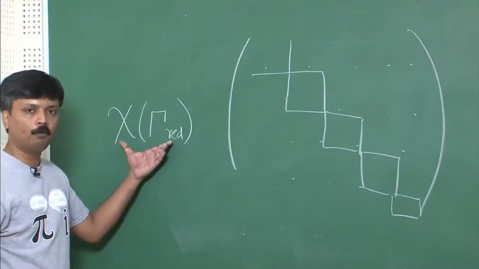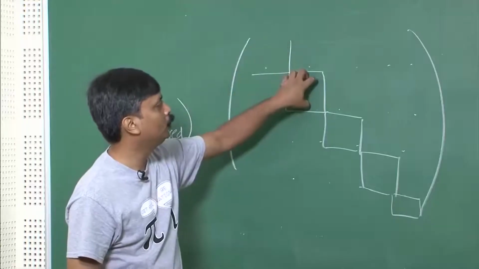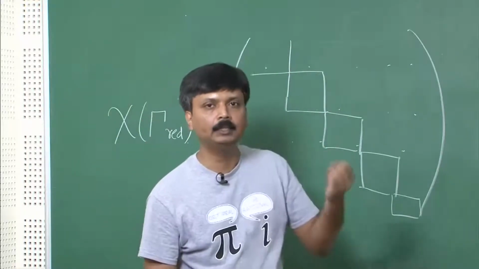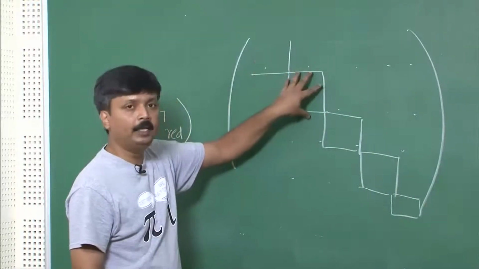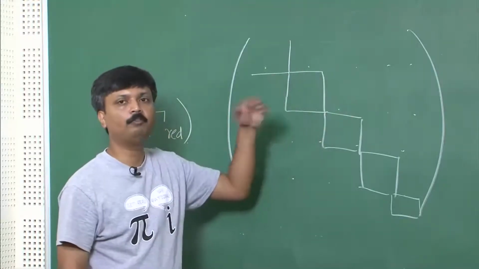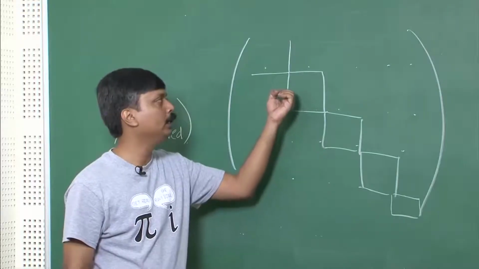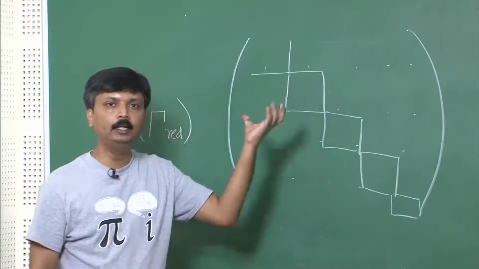So this is before block factoring, and after block factoring, you get these blocks which themselves behave like a representation, and if they are irreducible, that is you cannot find a matrix which can perform a similarity transformation on these blocks again and reduce them further, therefore you get the irreducible representation.